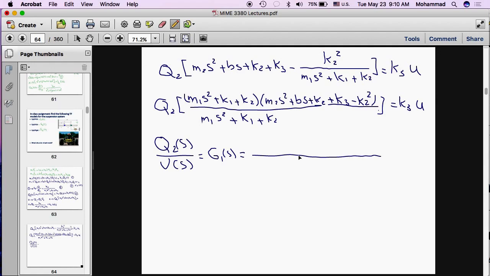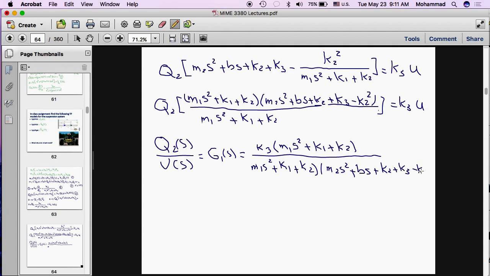Okay, so it would be K3 multiplied by M1 S squared plus K1 plus K2. This is what is multiplied by U. So what is multiplied by Q2 is longer: M1 S squared plus K1 plus K2, close parentheses, open parentheses, M2 S squared plus BS plus K2 plus K3 minus K2 squared.